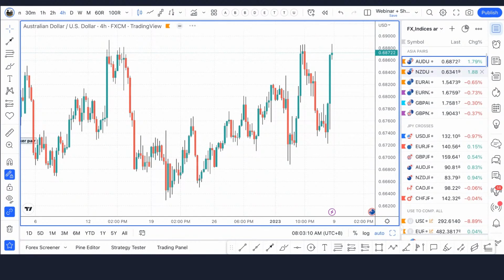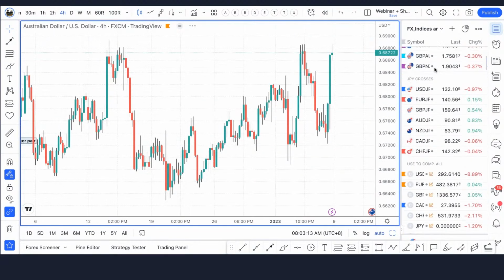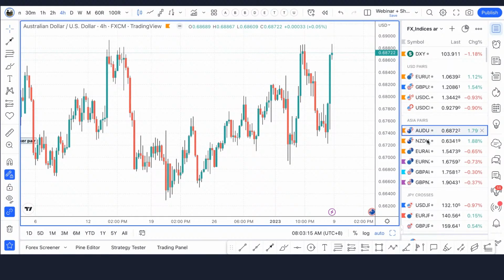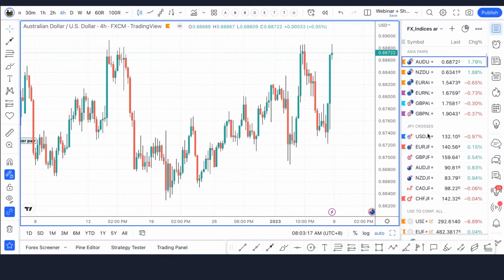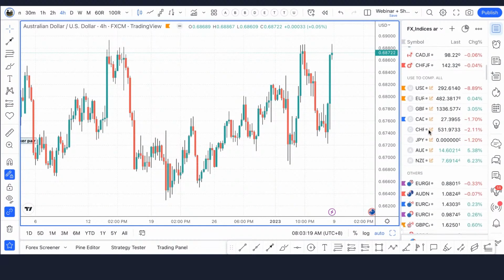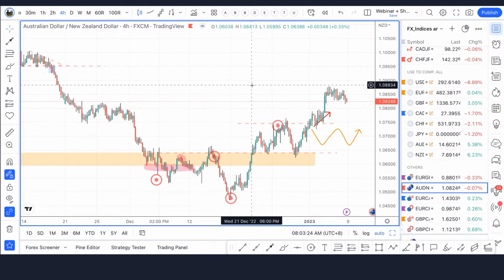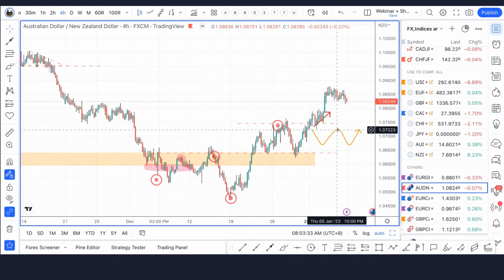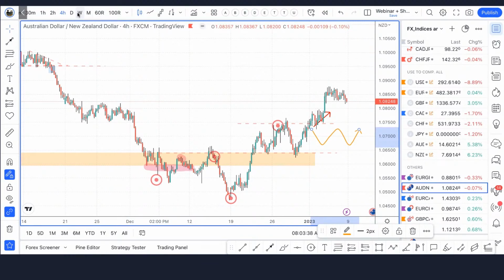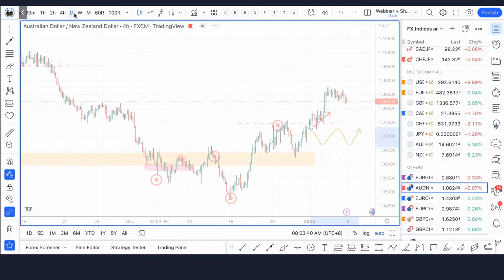Okay, so yeah, if you were to compare side by side which is stronger, Aussie or New Zealand, it also brings me on to this chart of Aussie dollar New Zealand, which is the next chart that I wanted to share with you all in a bit more detail.